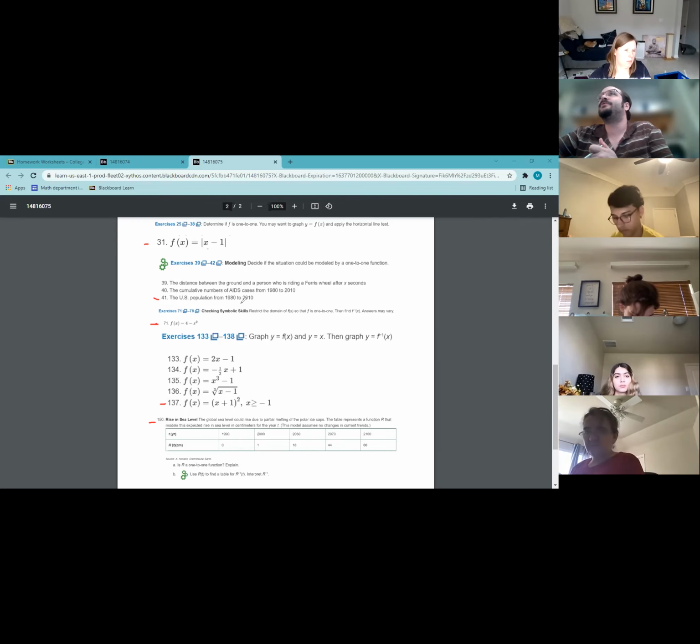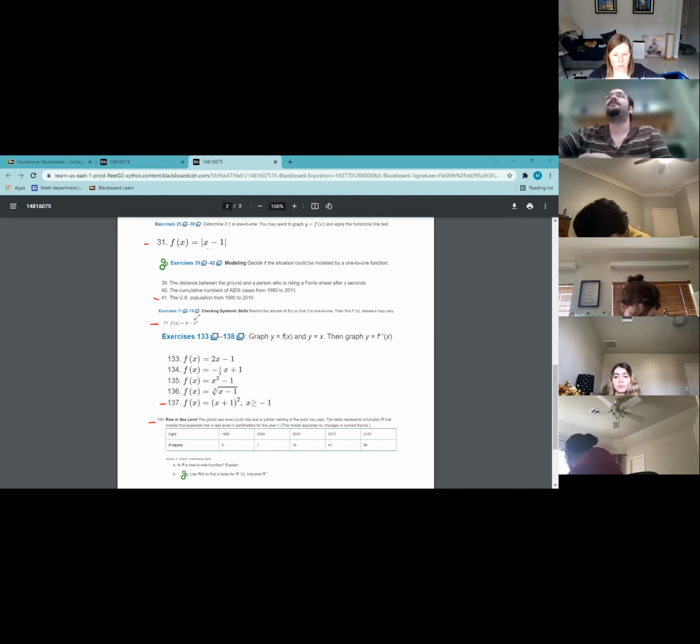This is a little weird. Restrict the domain so that it's a 1-to-1 function. Then find the inverse. We'll talk about the domain thing that they're talking about. The main thing is to try to find the inverse with this thing. And then 137, they want us to graph this thing and to graph the inverse. So we will talk about how to do that a little bit.